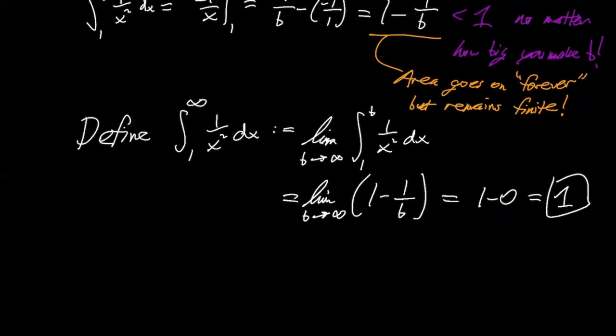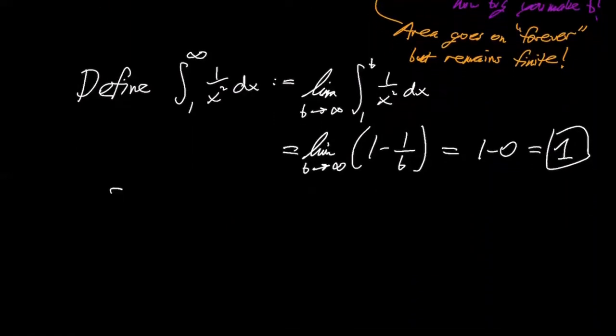So first off, again, it's surprising that we can get a finite answer. We have to develop some intuition here. We won't always get a finite answer. You will certainly look at some situations where you definitely will not get a finite answer. It's surprising that this area is finite.